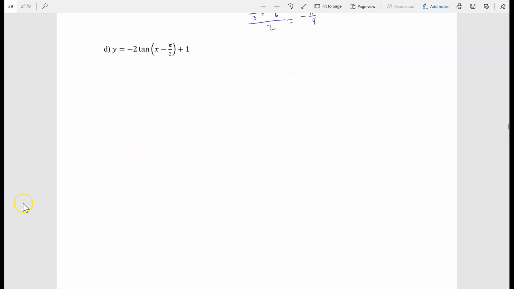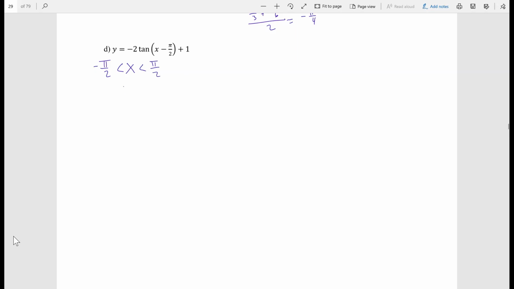So we have negative 2 tangent of x minus pi over 2. There's a lot going on in this one. The first thing you have to do is figure out the asymptotes. Remember that the asymptotes are between negative pi over 2 and pi over 2.